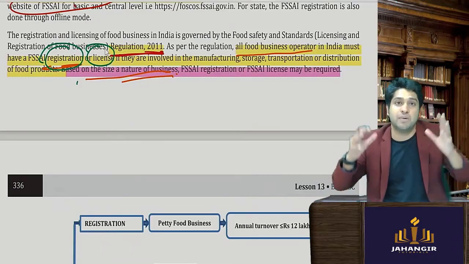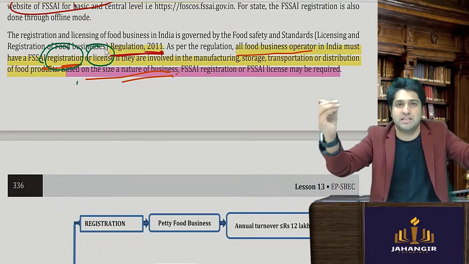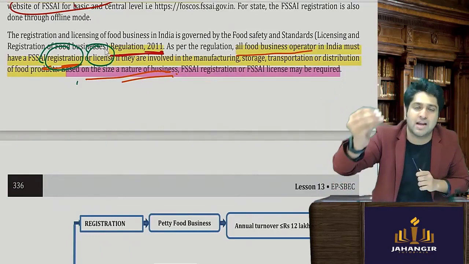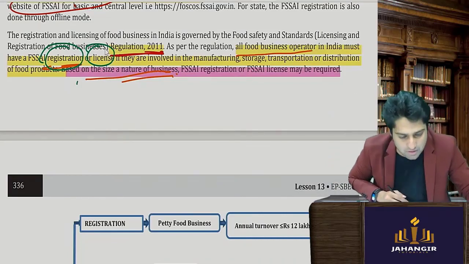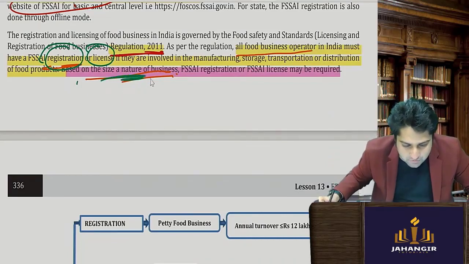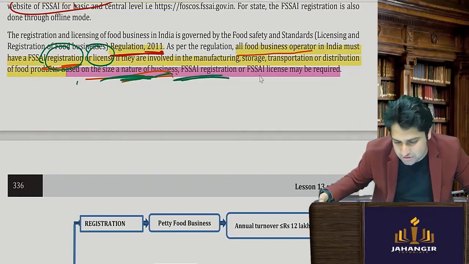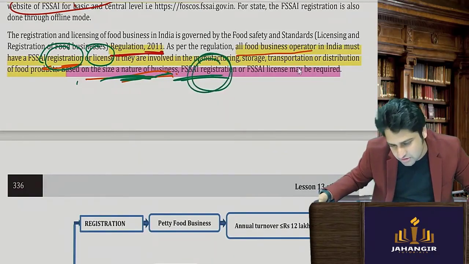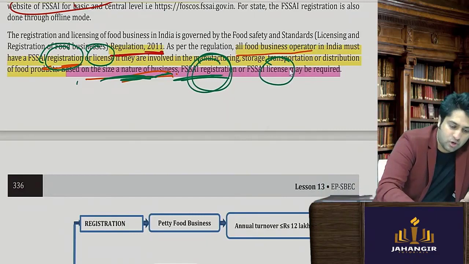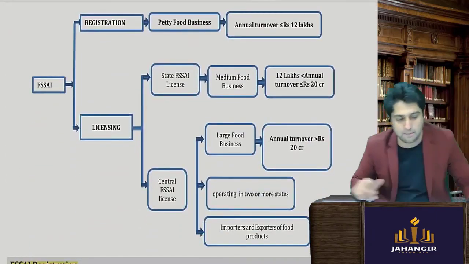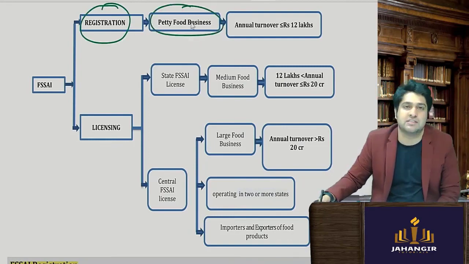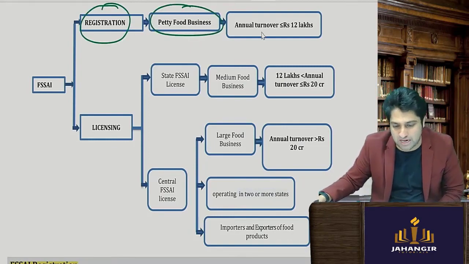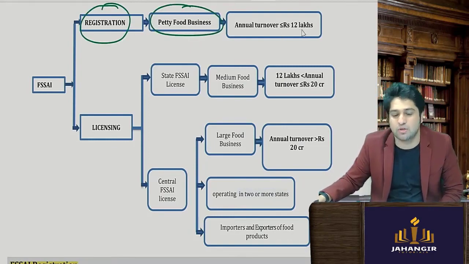For those who have big companies, manufacturing companies dealing in food like your Parle, okay, all of them have to get a license. So on basis of the size and nature of the business, registration or license is given. Registration is required for petty food business, hawkers, whose annual turnover is less than or equal to 12 lakhs.